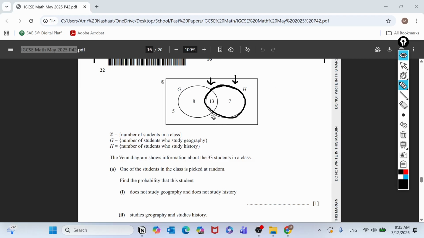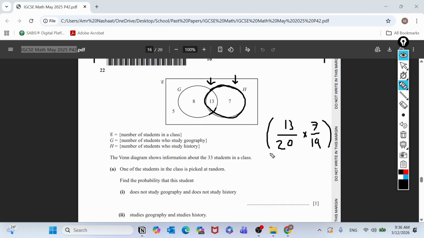The way they can be picked is either one from here and then one from here, or the opposite. So either you pick 13 over 20, one from here, and then you pick one from here, so 7 over 19, because you took one out of the total, so there's 19 left.